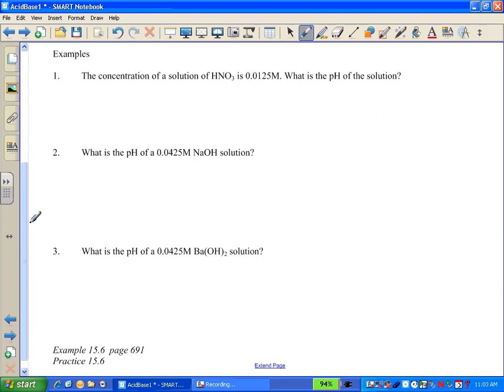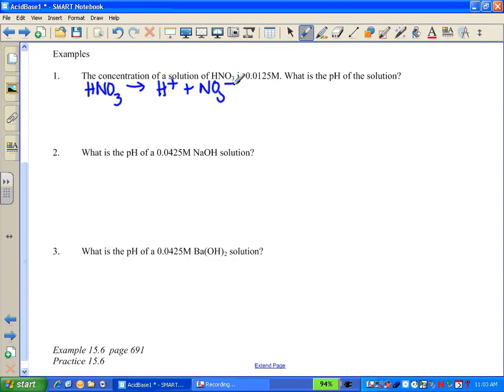So in this first example, the concentration of an HNO3 solution is 0.0125. What is the pH of this solution? When you're dealing with problems in acid-base chemistry, you always want to first identify what type of solution you're using. So you need to identify this is a strong acid. Because it's a strong acid, it dissociates completely.